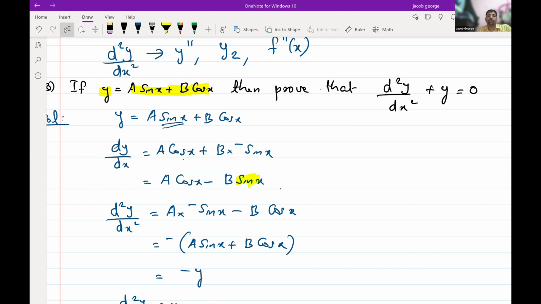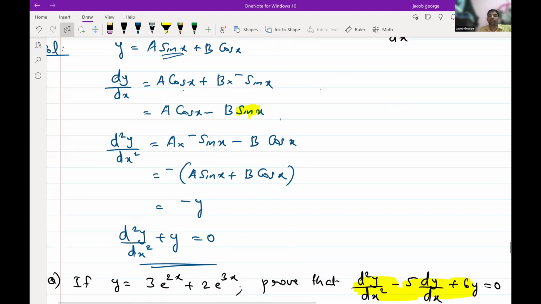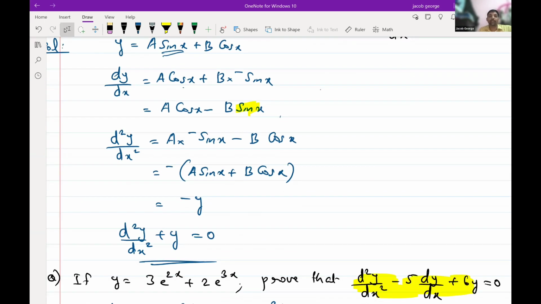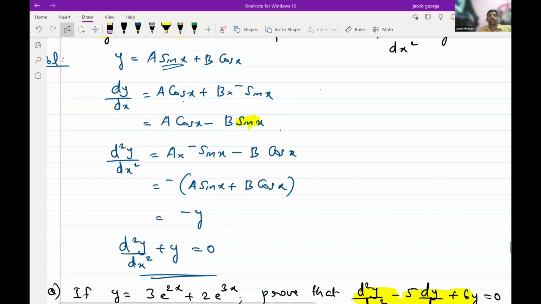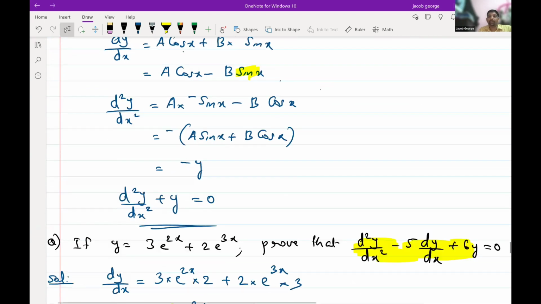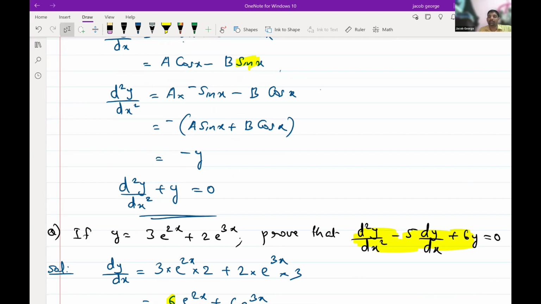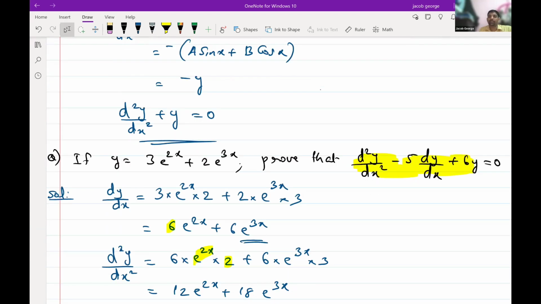That is minus of a sin x plus b cos x, and that we got minus y. Then we have to bring minus y to the left side. So d square y by dx square plus y is equal to 0 is the answer. Clear? This is the pattern of most of the questions.